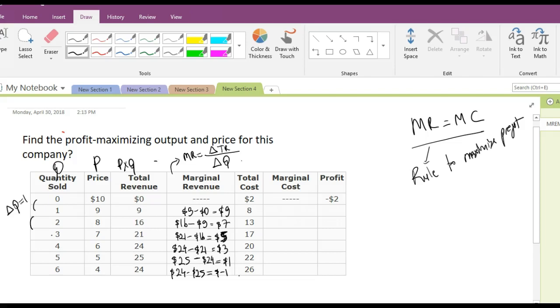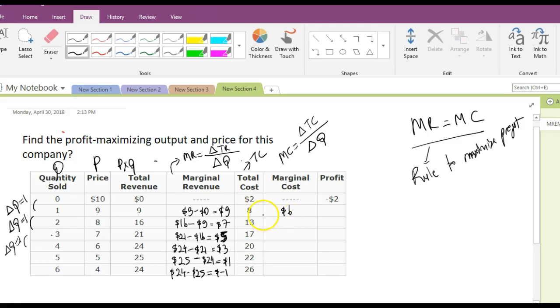So as you can see, these are the marginal revenue numbers. Marginal cost is measured as the change in total cost divided by the change in Q, and as you can see, each time there is just a 1 unit increase. So I can just look at the incremental change in my total cost to get the marginal cost. My marginal cost to produce 1 unit is going to be $6.